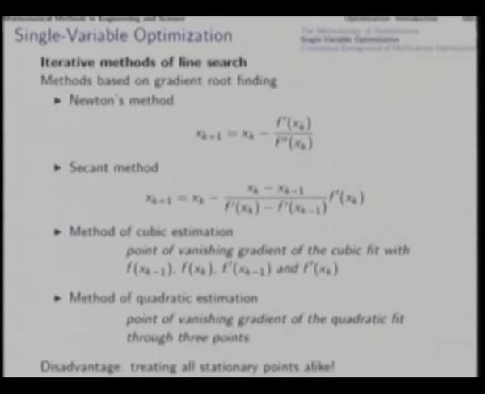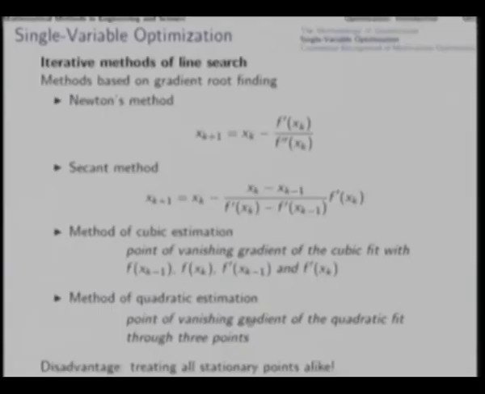Now, note that some of these methods use derivatives, here up to second derivative, here and here up to first derivative, here no derivative, but still all these 4 methods in an indirect manner refer to the vanishing of derivative, because that is the requirement based on which the new point is generated.